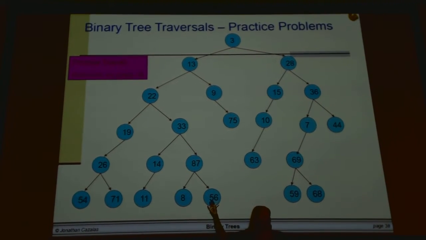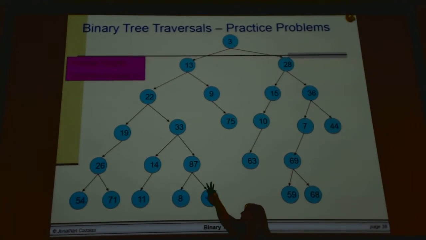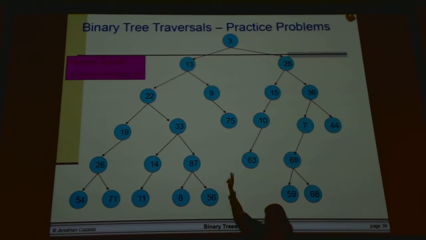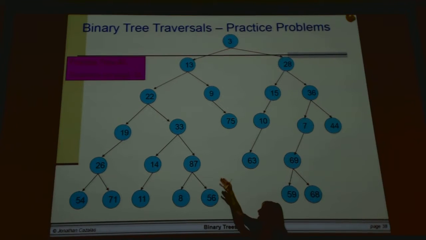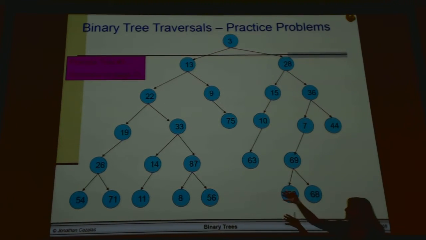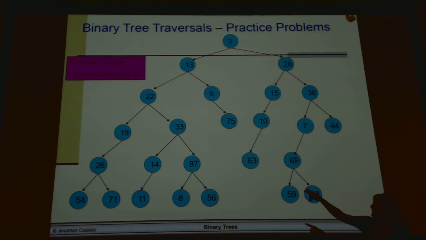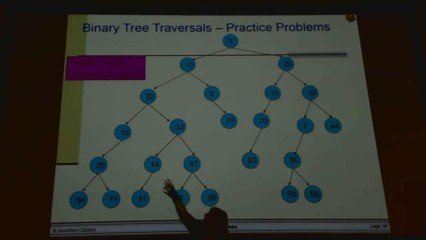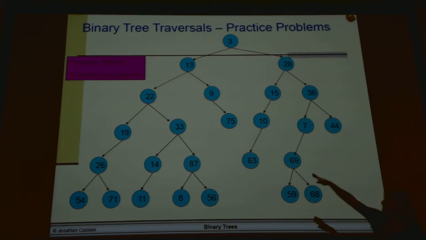We print our 56 because that's his right. 87 is 33's right. We're done with that relationship. We've already printed 33 because he is the parent in between 14 and 87. We've already done 33 as the parent to 22, because 33 is the right of 22.